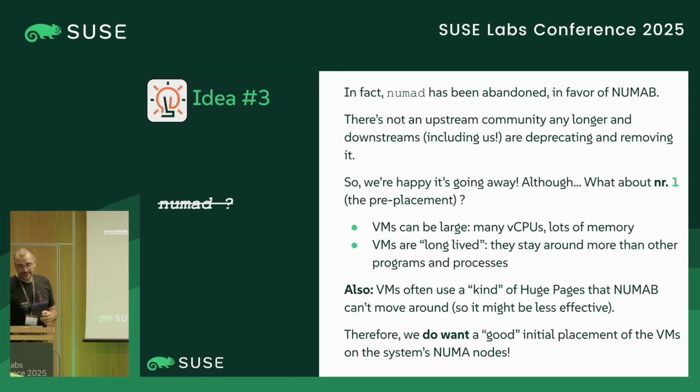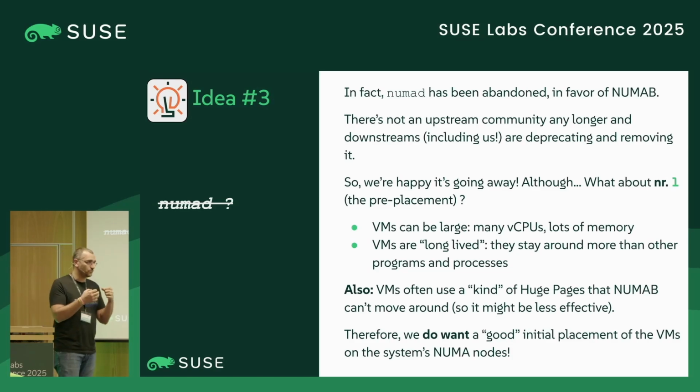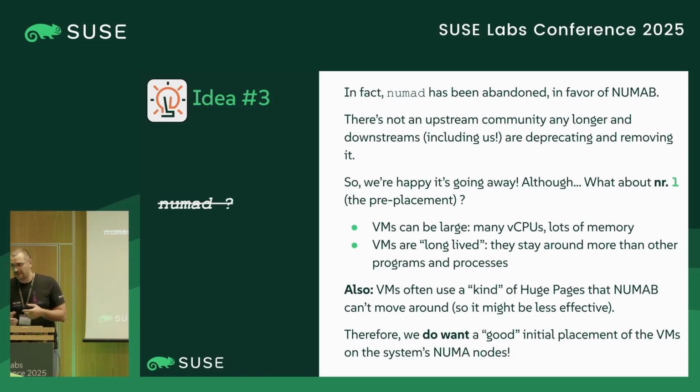Actually, there is one additional problem, which is that NUMAD still exists even in our distributions, but it's not really developed any longer upstream since, I think, 2017, something like that. In fact, a lot of downstreams, including us, while still shipping it, have already deprecated it in a couple of SLE releases.